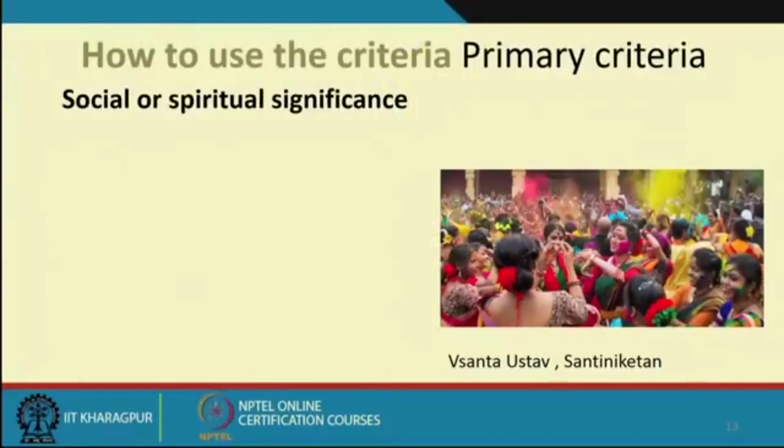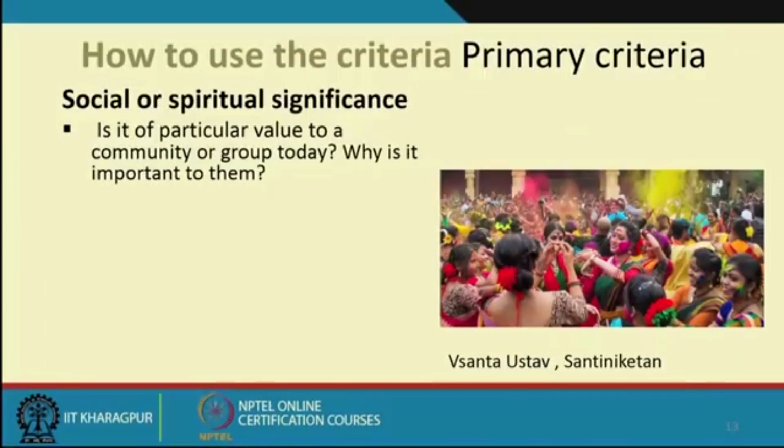Now, it is a very important festival which attracts tourists from various parts. So, now when we are talking about the social or spiritual significance, is it of a particular value to a community or a group today? Why is it important to them?